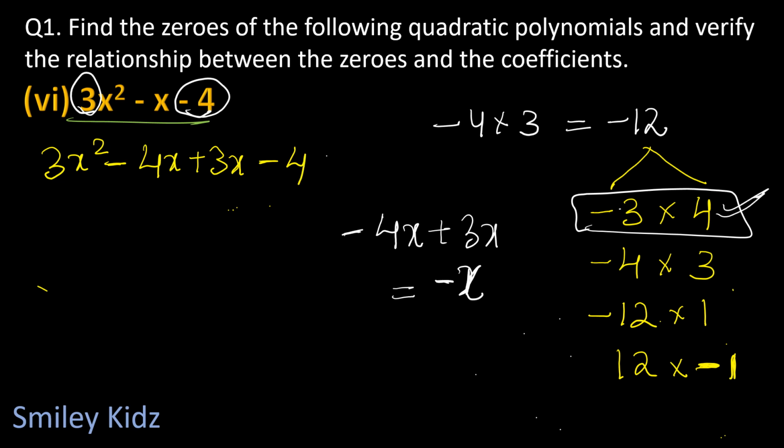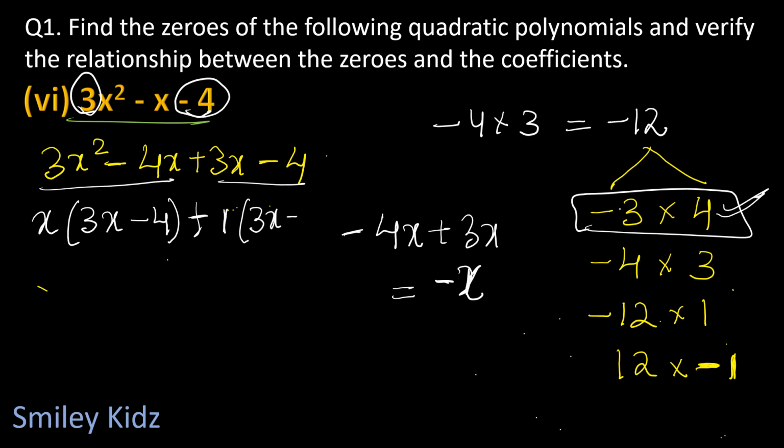Right. Now we're going to take out something common out of all this. So in the first one, can we take anything common? We can take x common, right? We are left with 3x minus 4. And in the second one, we can take out 1 common and we'll be left with 3x minus 4 again. And we are able to see that 3x minus 4 is common, isn't it?